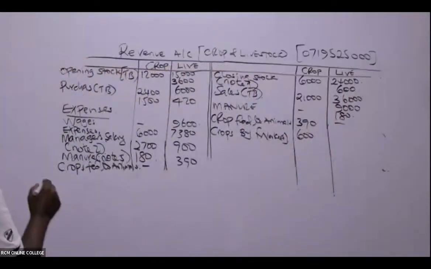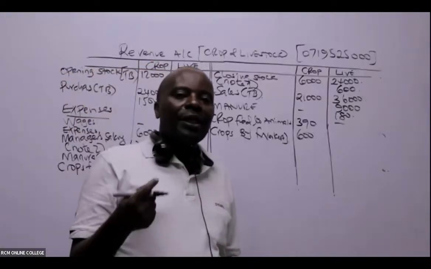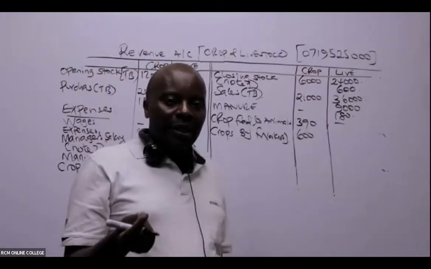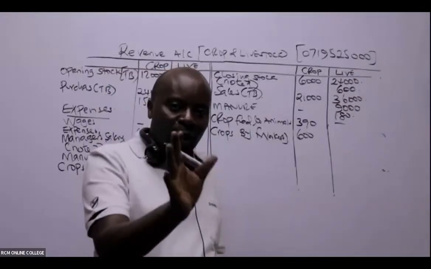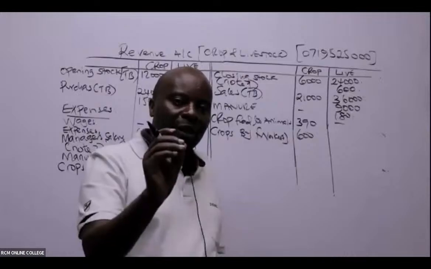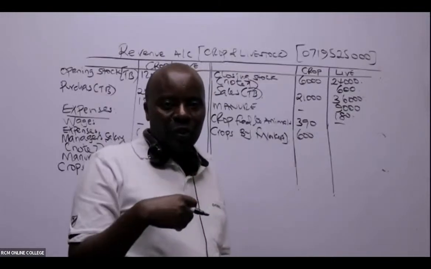Then you come here, of course, these workers consumed our crops. And instead of us giving them wages, we told them, no, let's just have the crops you guys consumed be your wages. So basically, that's an expense on this side.